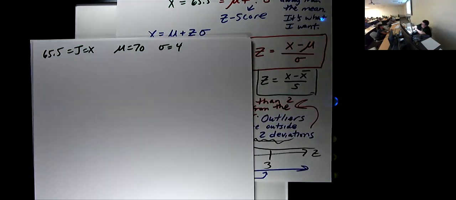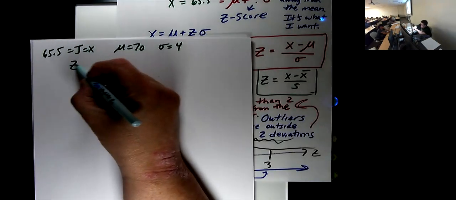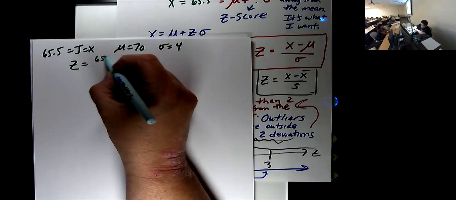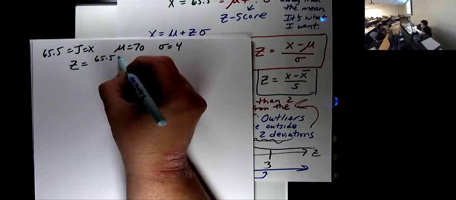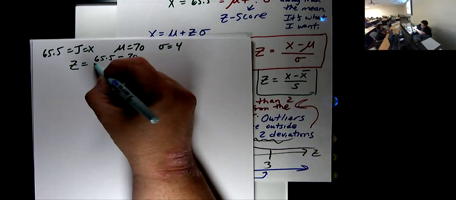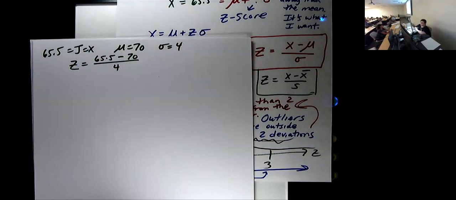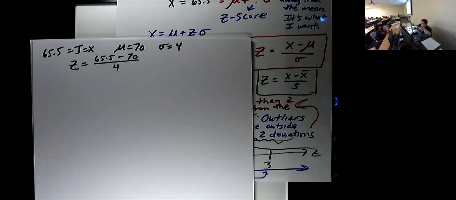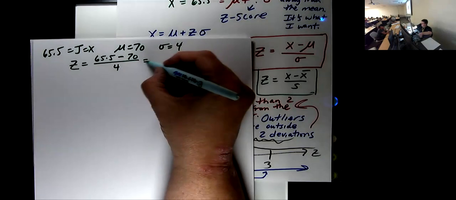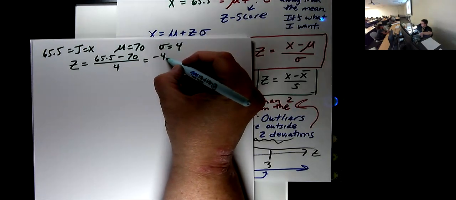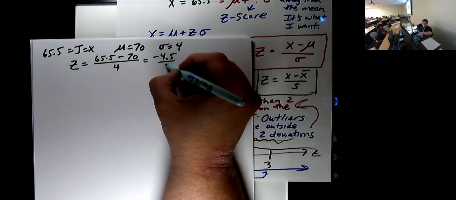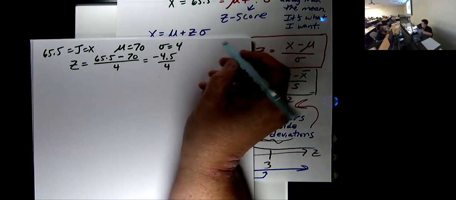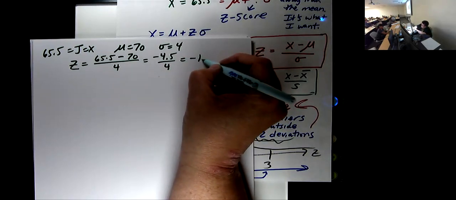Z equals 65.5 minus 70 over 4. If I put that in the calculator, the top is negative 4.5. The bottom is 4. And when I divide, I get negative 1.125.